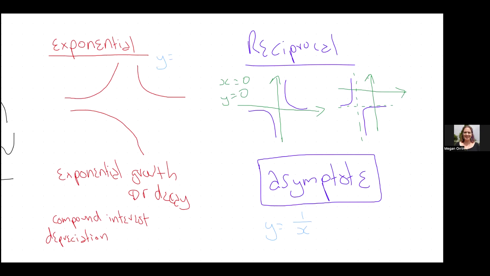Think about the compound interest formula. The power. So it's the indice or the power, the exponent, whatever we're calling it. In an exponential graph, the x is the indice. In a reciprocal graph, the x is on the bottom of the fraction.